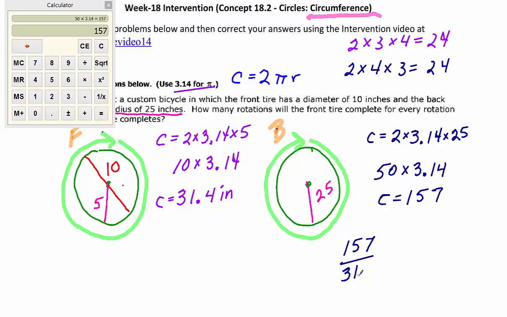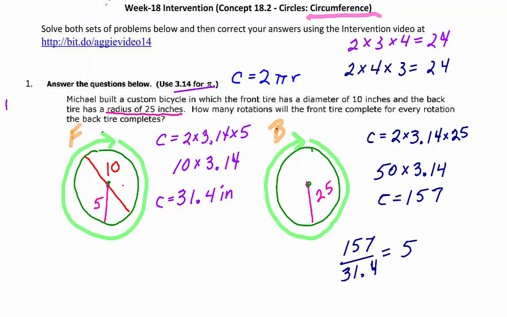Oops, excuse me, I said those backwards. I'm writing them correctly. Circumference of the back tire divided by circumference of the front tire. And I'm going to have 157 divided by 31.4. It's going to be 5 times.